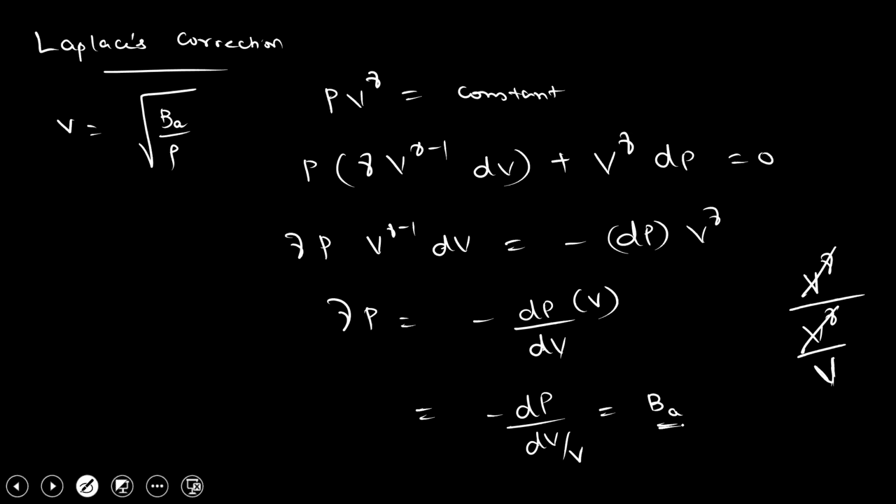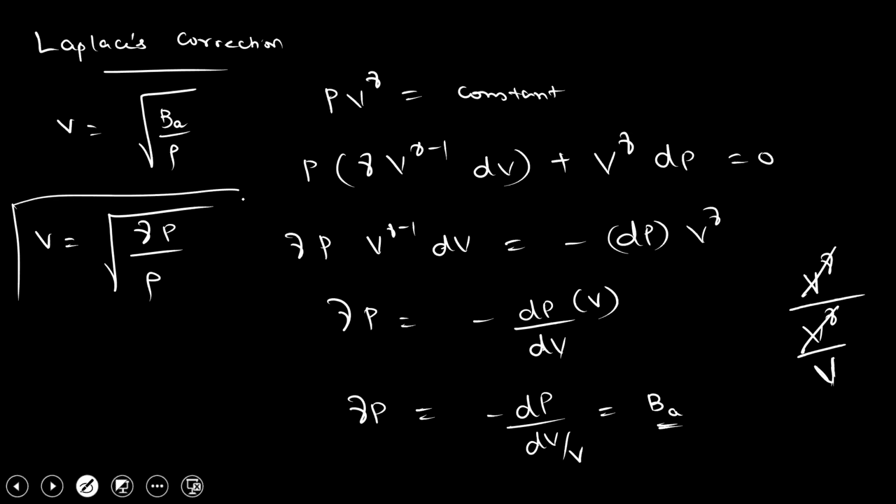This is the bulk modulus under the adiabatic condition, and this will be equal to gamma times P. So what is the concept here? The adiabatic bulk modulus will actually be gamma times P. So V will be the square root of gamma times P divided by rho. This was the correction done by Laplace, and this is the one that gives you the exact value of the speed of sound in that particular air medium.